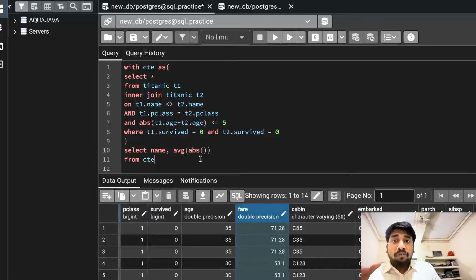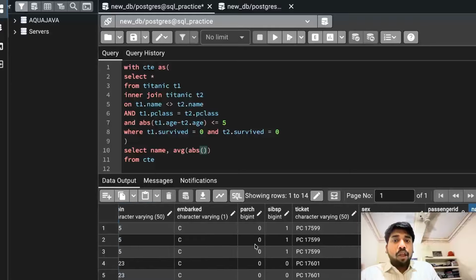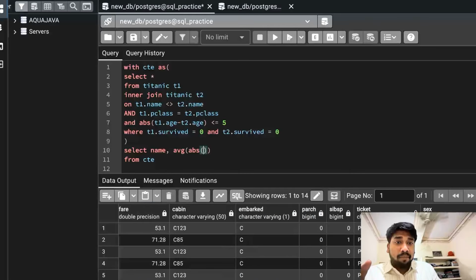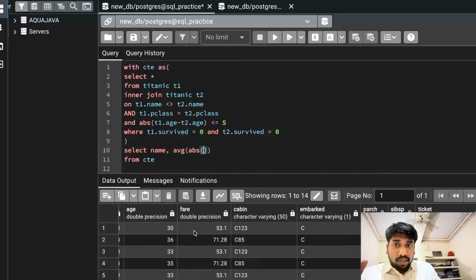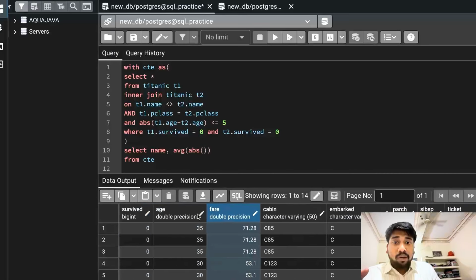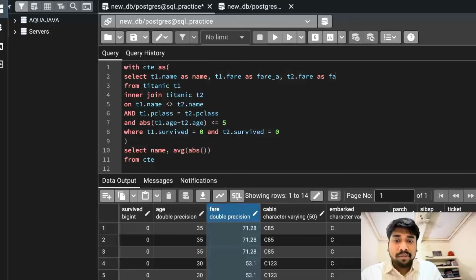Because in the CTE both the fare columns have the same name. You can see here the column name is fare, and here also the column name is fare. So what I will do is I will select t1.name as name, t1.fare as fare A, and t2.fare as fare B, so that we have different names for the fare columns.